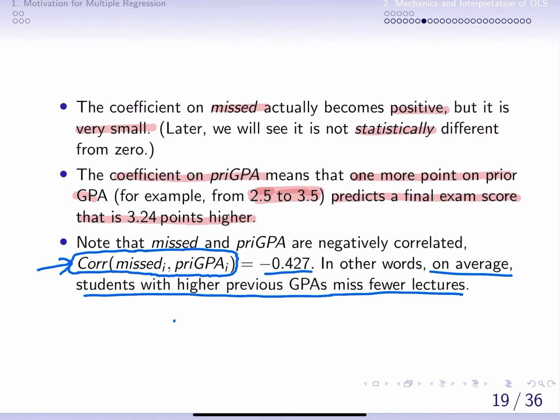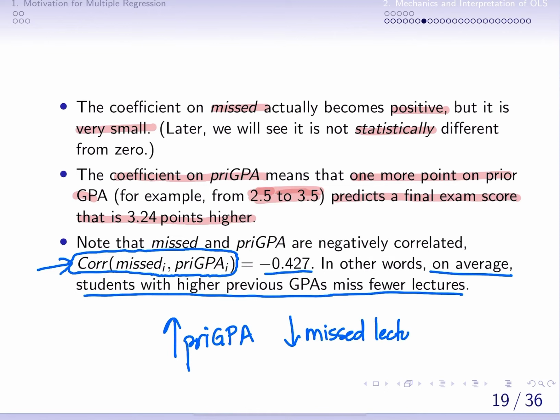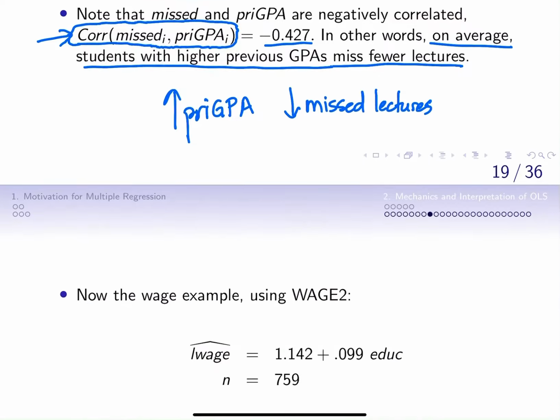So if there's an increase in prior GPA, there is a decrease in missed lectures. Okay, so basically there was this relationship that was not captured when we were running the simple linear regression.